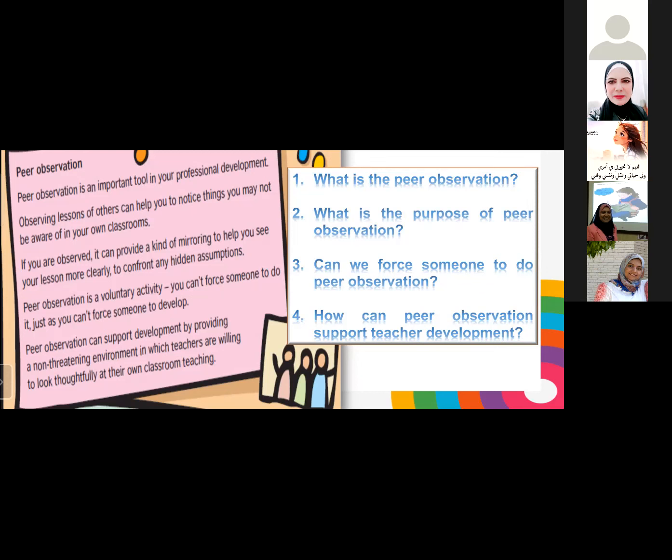How can peer observation support teacher development? Does it support teacher development? Sure. How does it help teachers develop themselves, grow and make progress?